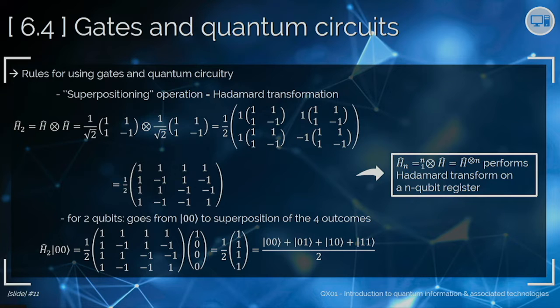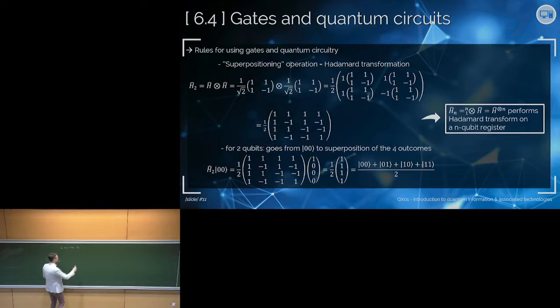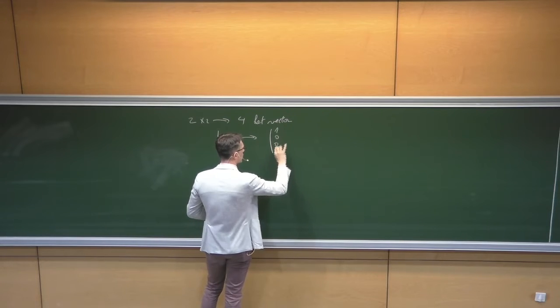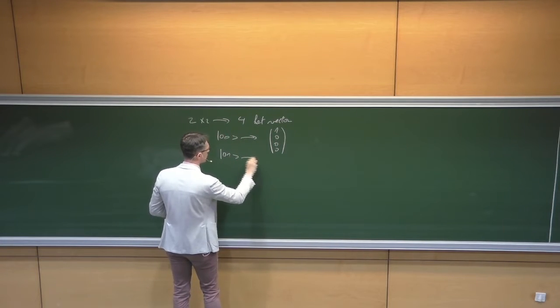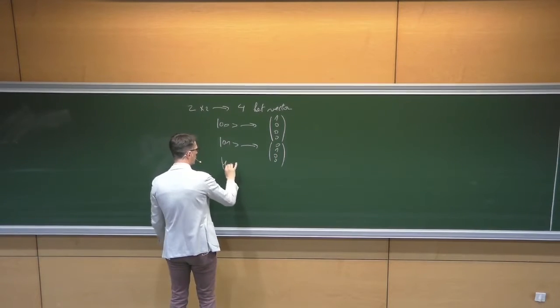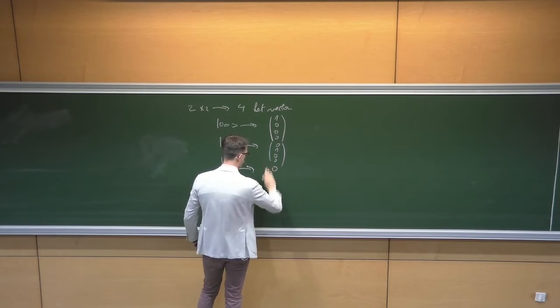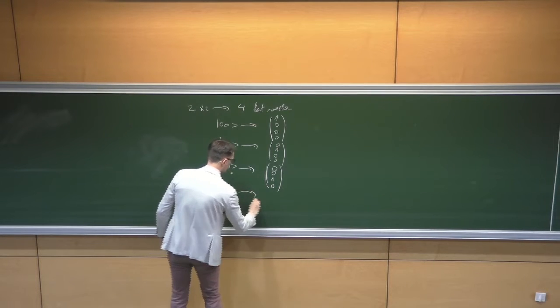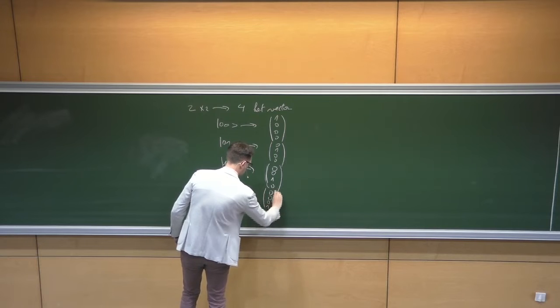When we have 2 by 2, we have the 4 ket vector, where the correspondence is that the 0, 0 will now be 1, 0, 0, 0, the 0, 1 will be 0, 1, 0, 0, the 1, 0 will be 0, 0, 1, 0, and the 1, 1 for 2 qubits will be 0, 0, 0, 1. Okay?